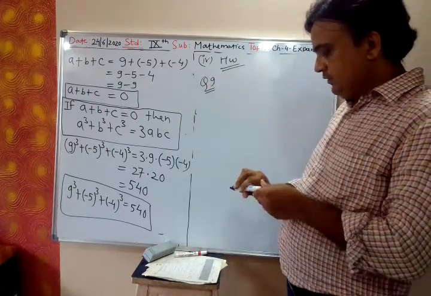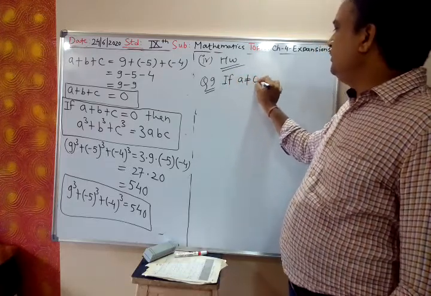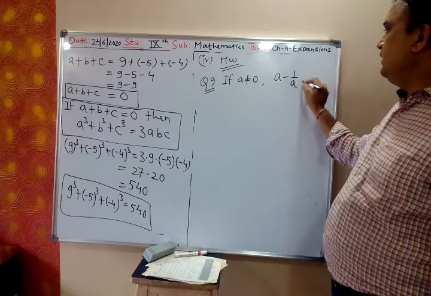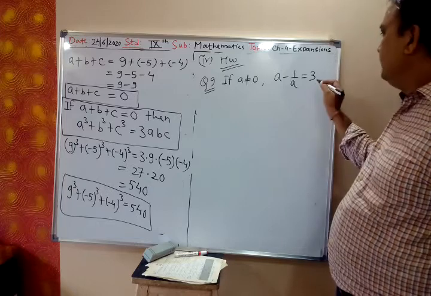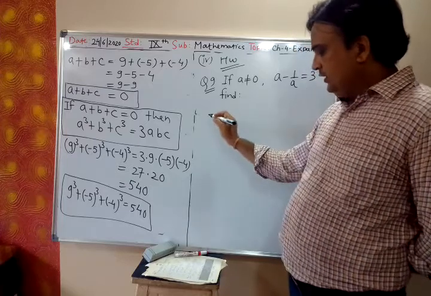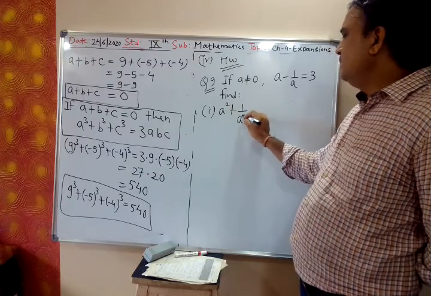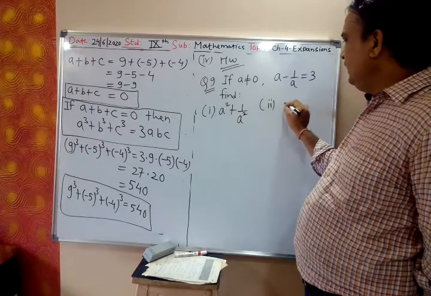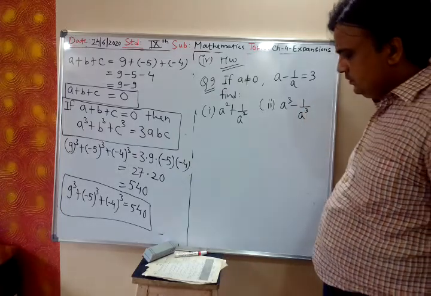If A is not equal to 0, A is given non-zero, and A minus 1 upon A is 3, then find first, A square plus 1 upon A square, and second, A cube minus 1 upon A cube.